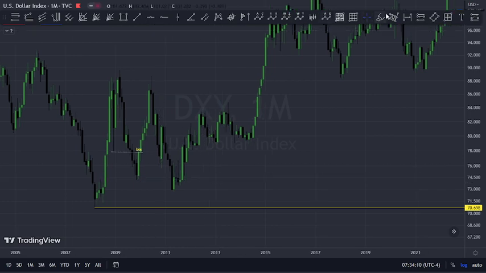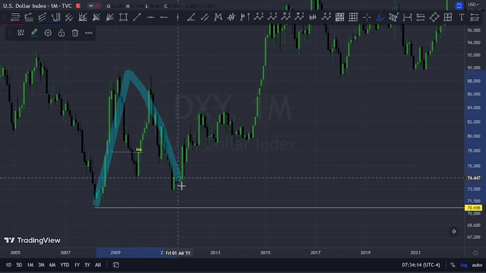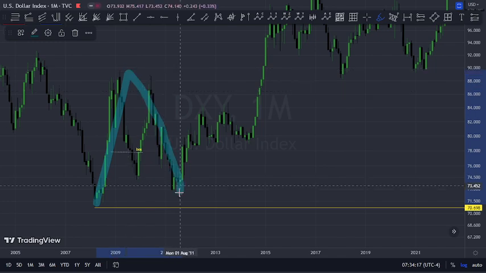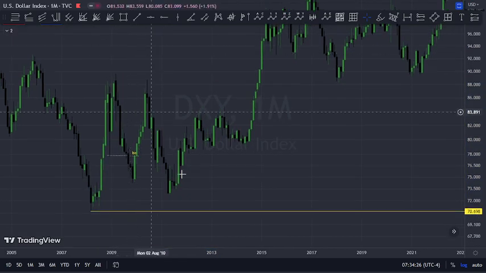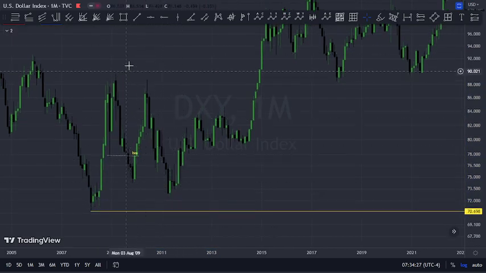So we have one, two, and now we are looking for the upward three section. Let me cancel that. From here I'm looking to take this buy side.